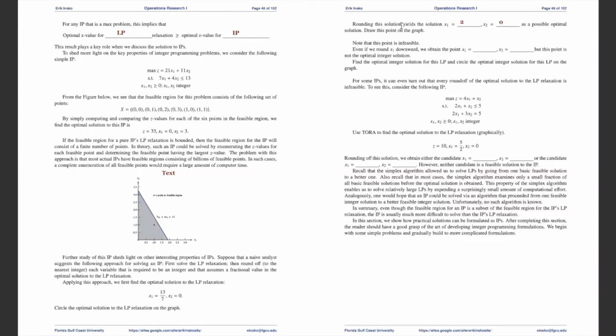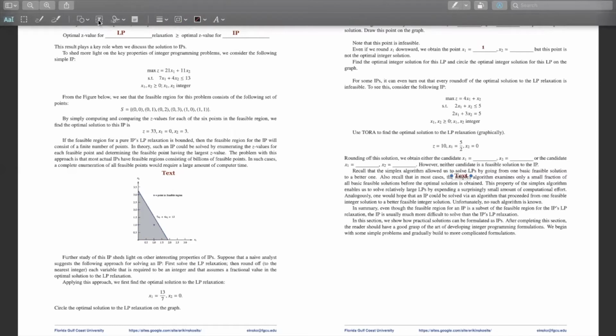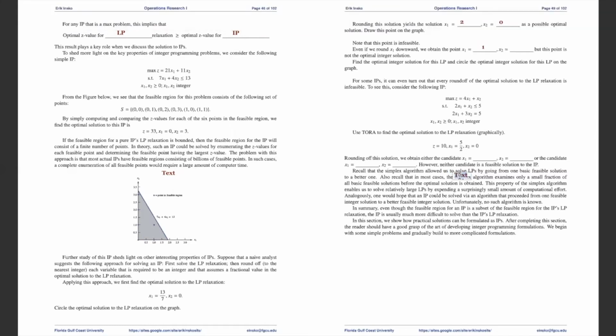So then, if we go down from that point, our next guess should be 1, 0, which we saw from Desmos was not even close to the actual maximum integer value, which was at 0, 3. It was actually, I think, about 11, which is much lower than the actual maximum.